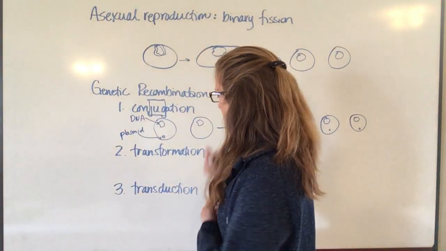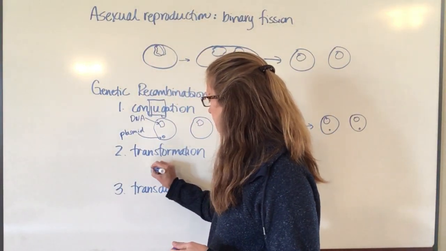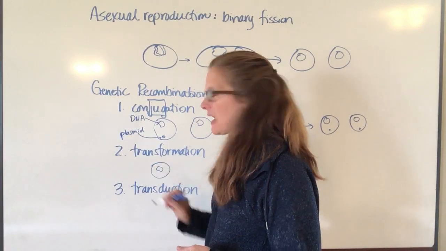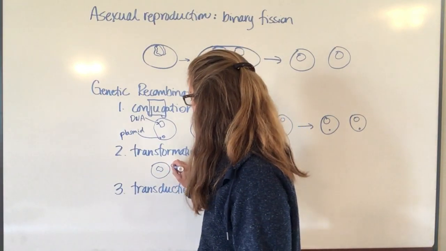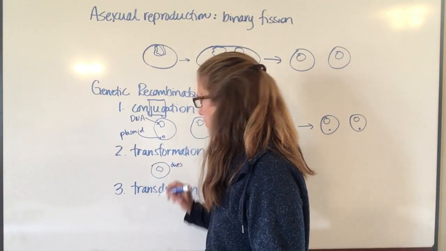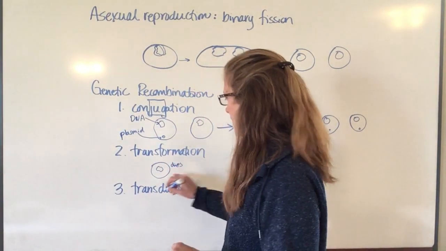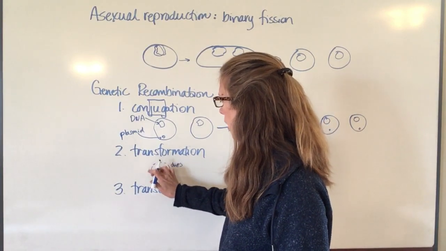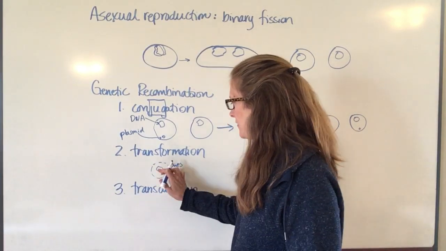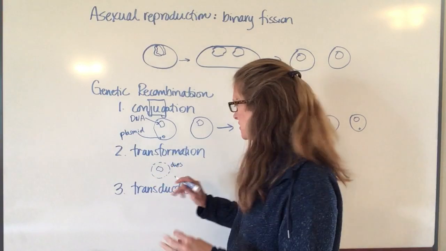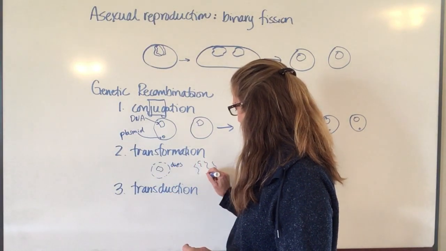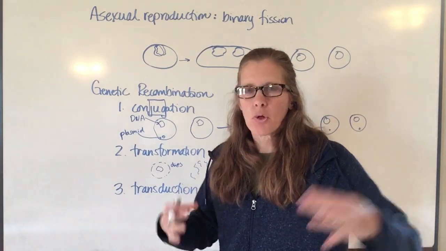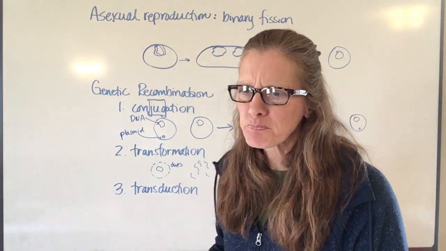I have a bacteria that has some DNA in it, and what happens is that this bacteria dies, and when it dies, the cell wall disintegrates, and then the DNA kind of starts to disintegrate also, and so then I have just these pieces of DNA floating around in the environment.